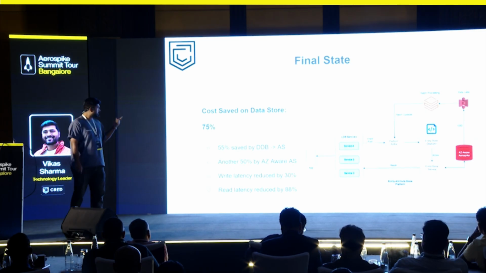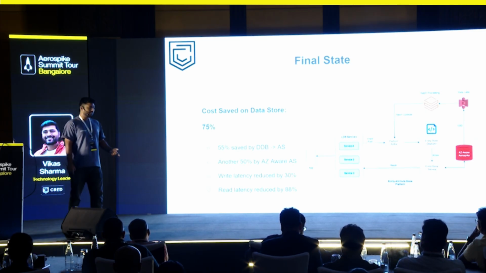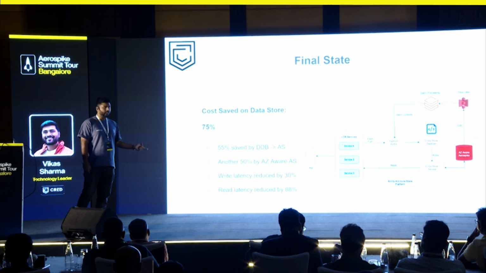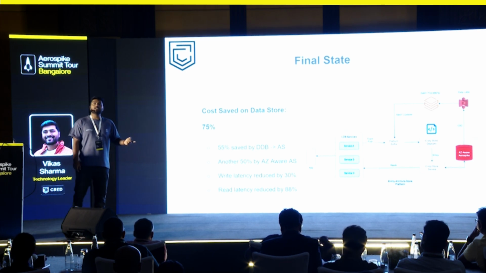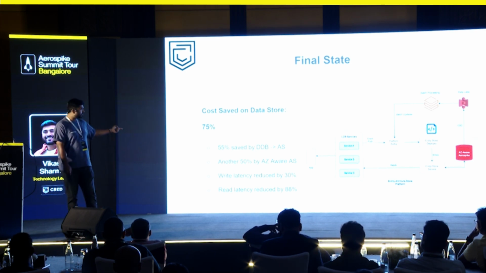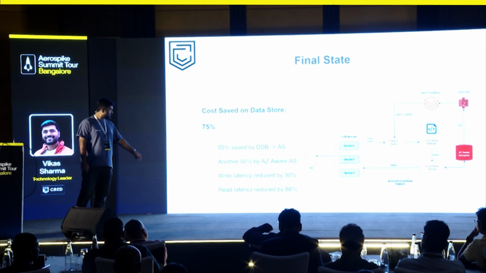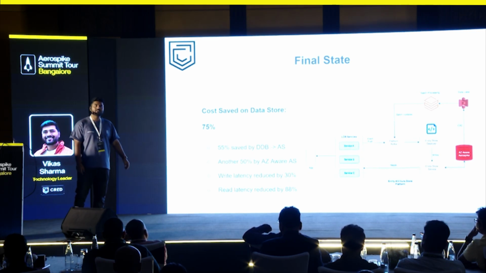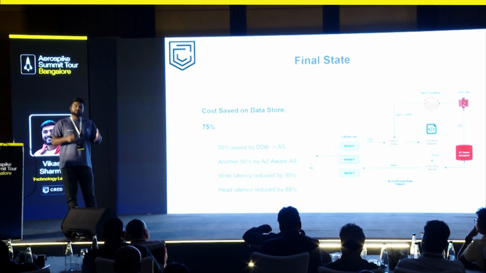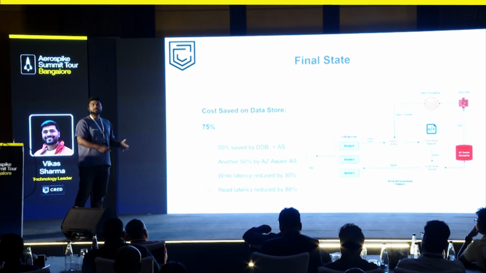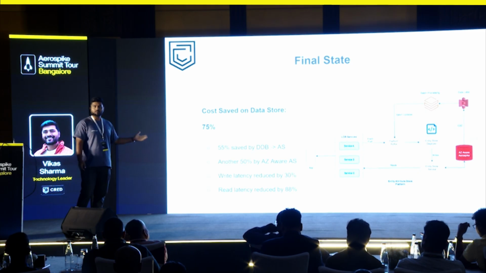75% cost saving, write latency reduced by 30%, and read latency reduced by 88%. The implication of read latency reducing by 88% is on our experimentation runs, because we control the exposure and the targeting cohorts through this platform.